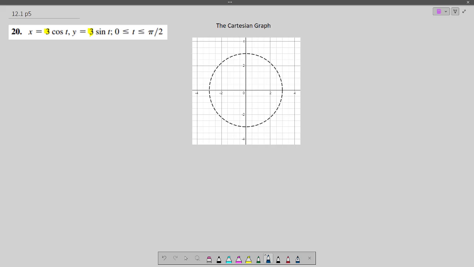Let's find out. We have our standard Pythagorean identity, sine squared plus cosine squared, in this case of t, that'll be 1. Looking up here, sine is going to be y divided by 3, so this is going to be y divided by 3 quantity squared, plus, we look at our parametric equations.